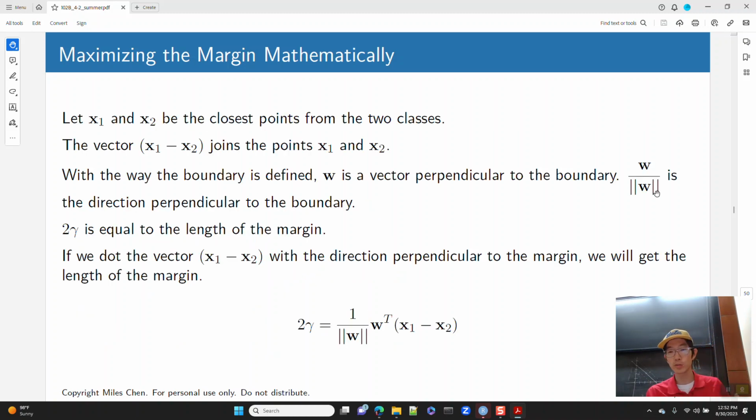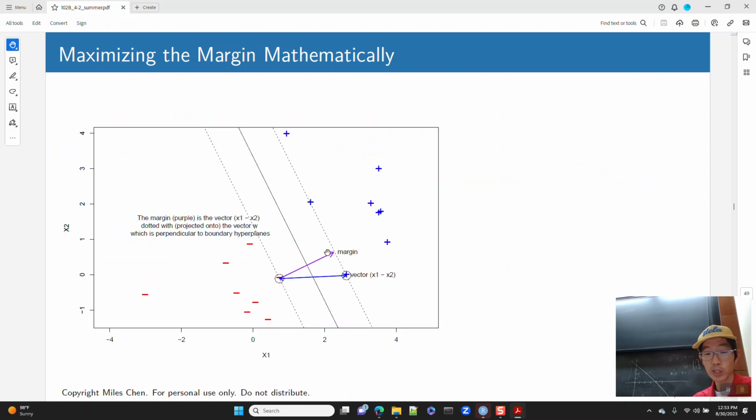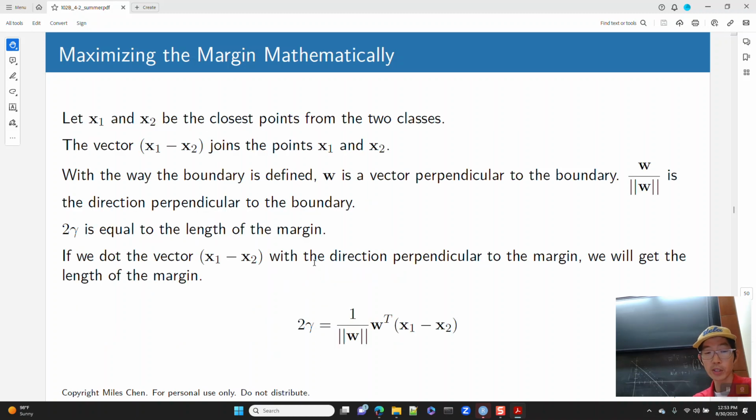So w over the norm of w is a unit vector in the direction perpendicular to the boundary. We're going to say 2 gamma equals the length of the margin, the length of this entire purple vector here.